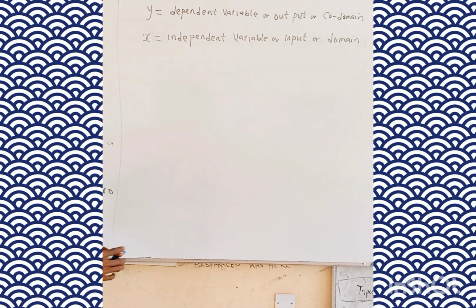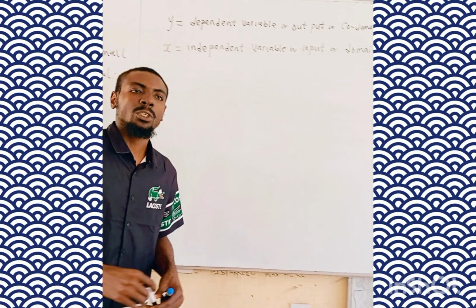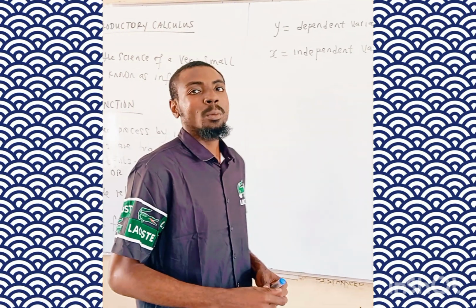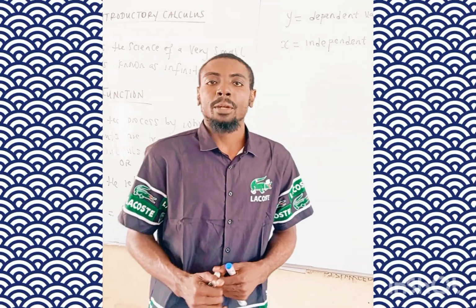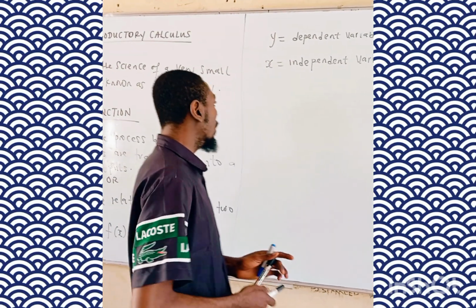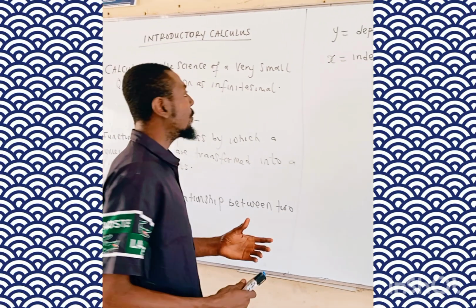Each value of x that defines a given function is known as the domain, and each unique output is known as the codomain.